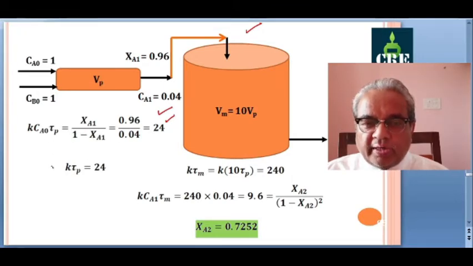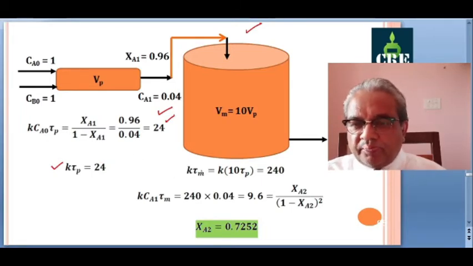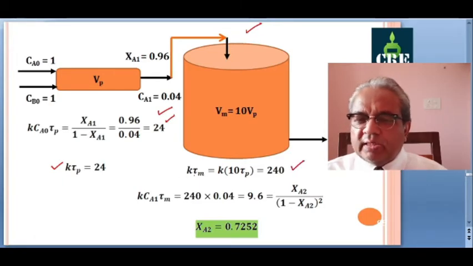Ca0 is 1. So K tau P is 24, or K Ca0 tau P is 24. K tau M will be 10 times this, so this will be 240. So this is K tau as well as K Ca0 tau, because Ca0 is 1, this is matching.